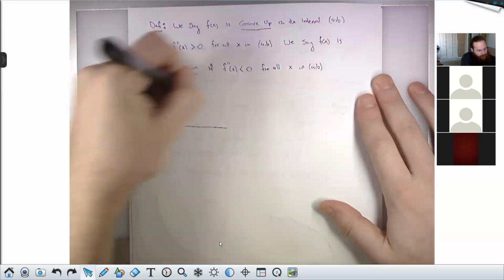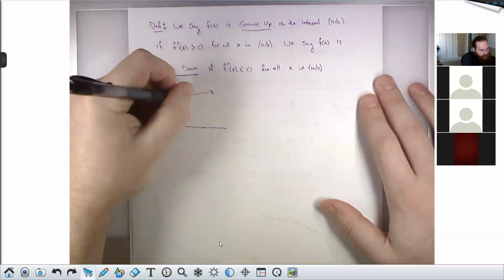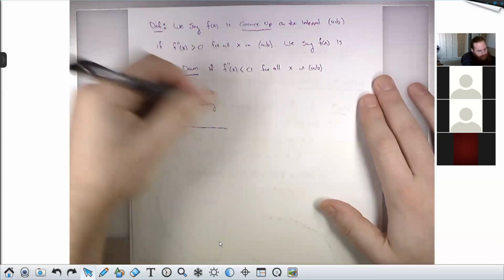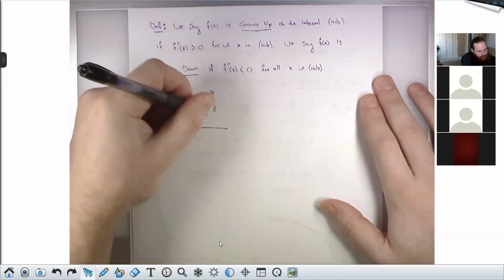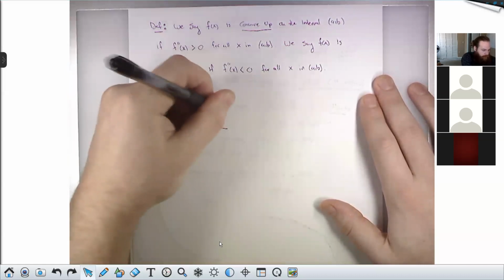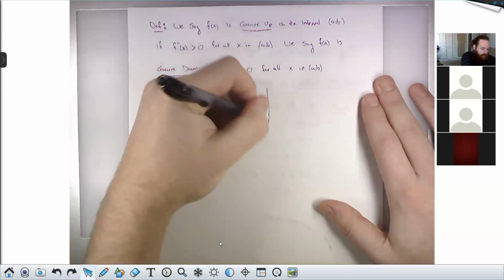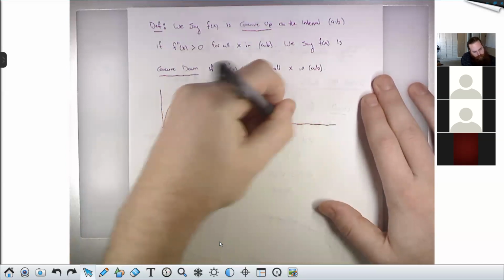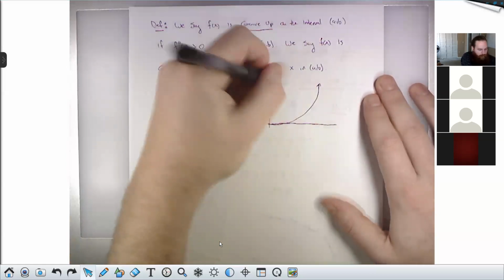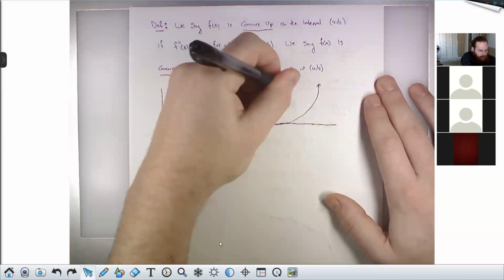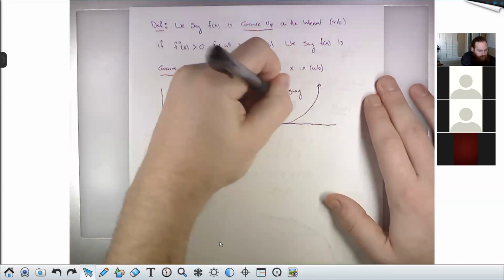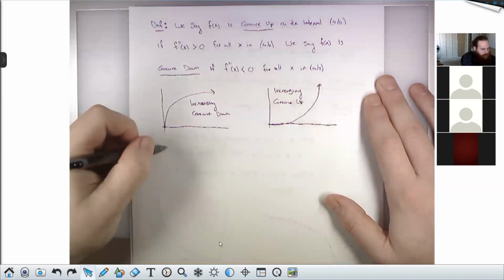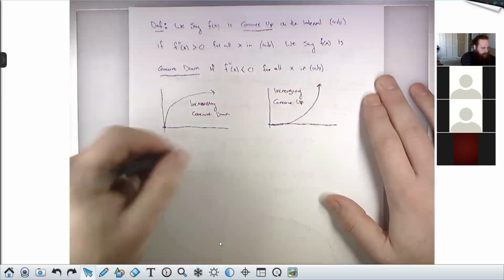Increasing concave down. Increasing concave up. Those are the 2 pictures that we had on the previous page. And then there's decreasing concave down.